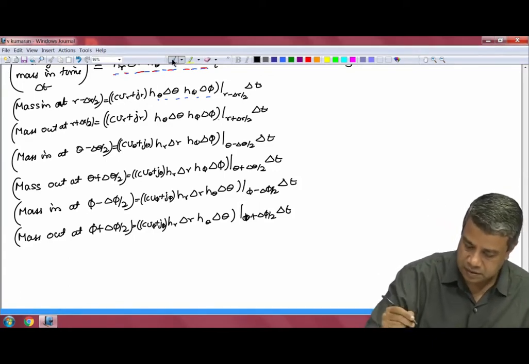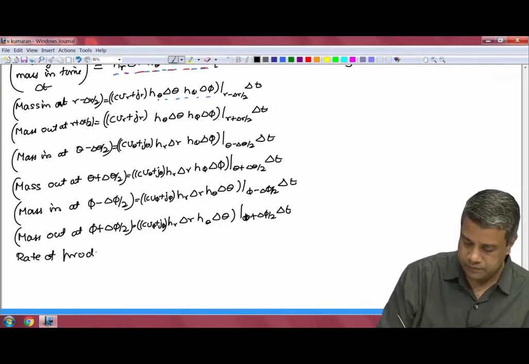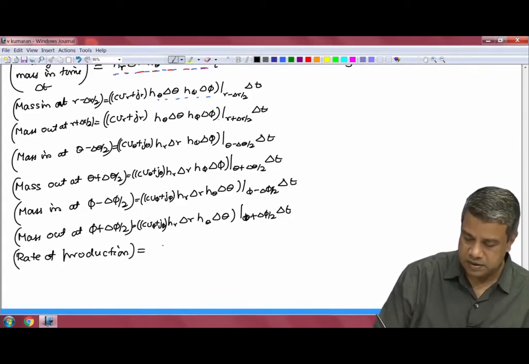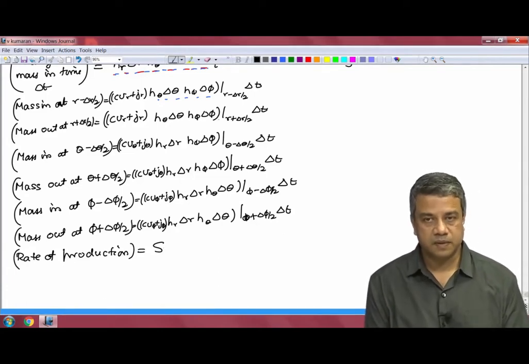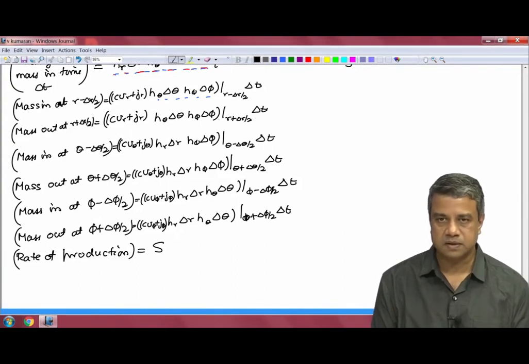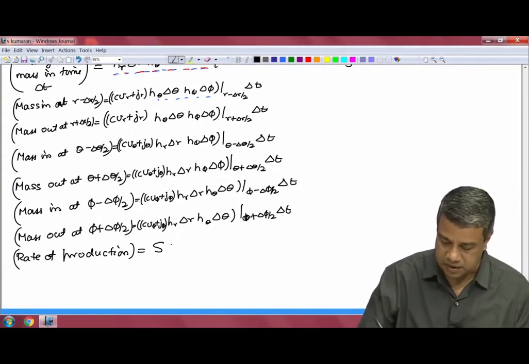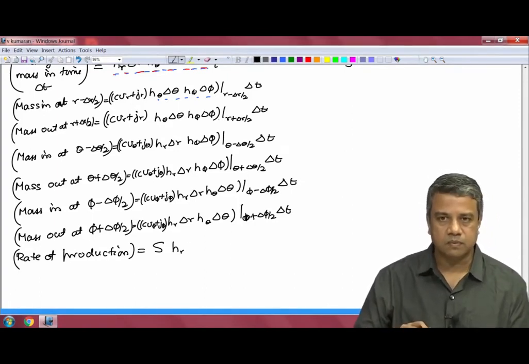The rate of production is equal to S, the mass produced per unit volume per unit time.